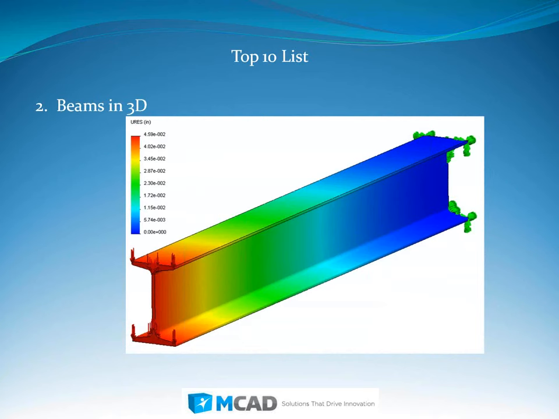So you get the full view, the real profile of the member itself, and we're looking at approximately 0.05 inch deflection at the tip.